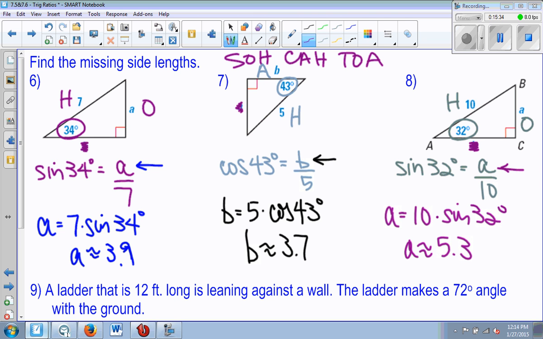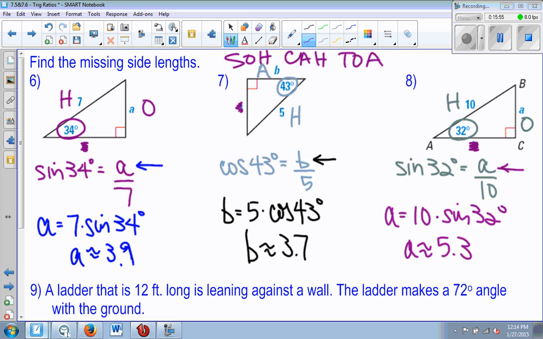Special right triangles you can do when you only have 1 side, but they require that the triangle's angles are 45, 45, 90 or 30, 60, 90. None of the problems that we talked about in today's video had those specific angles, so special right triangles wouldn't work.